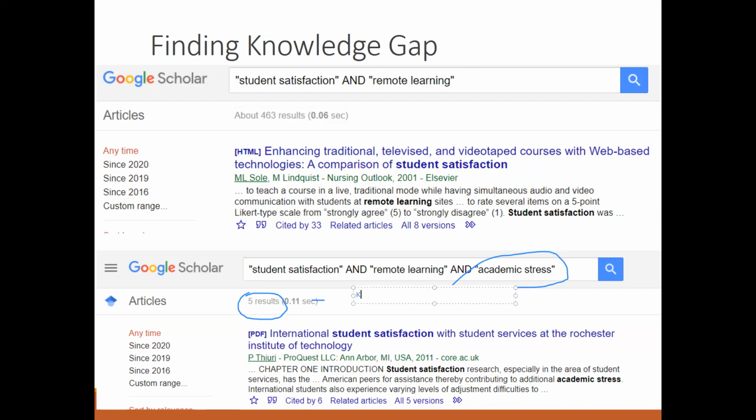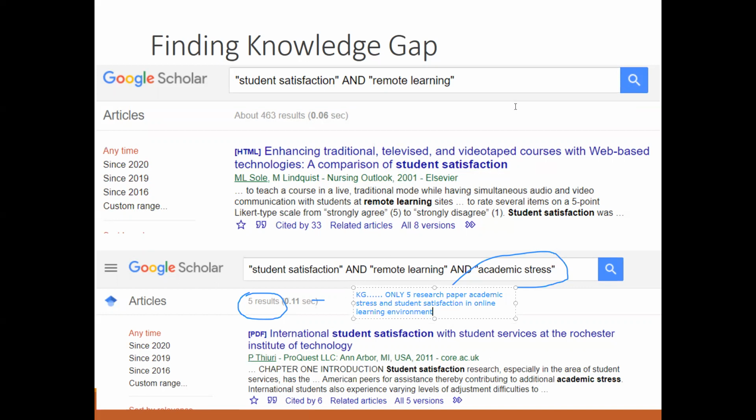There is a knowledge gap here because there are only 5 research papers that discussed academic stress and student satisfaction in an online learning environment. Okay, so this is the way to find the knowledge gap.